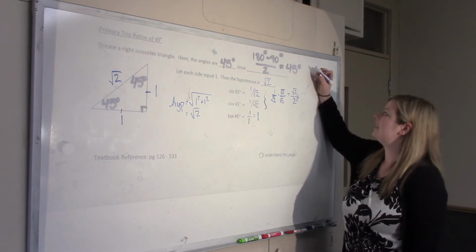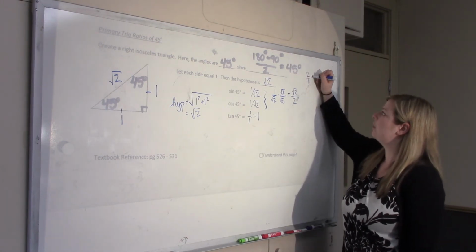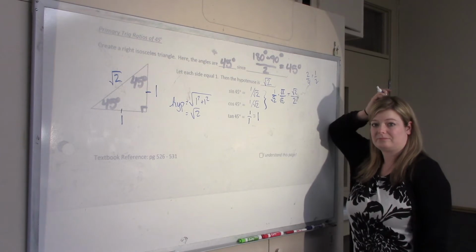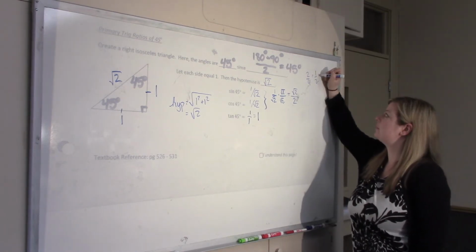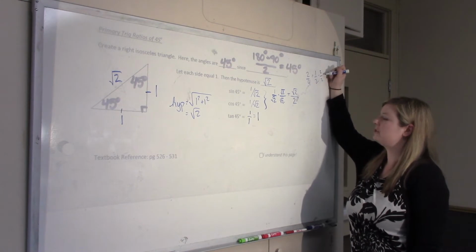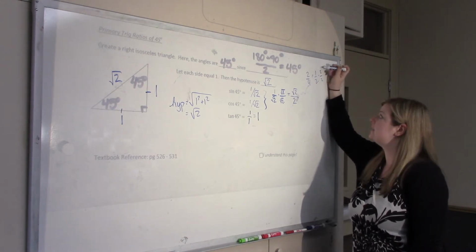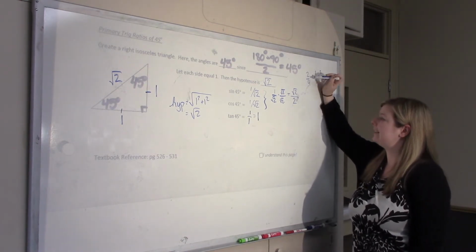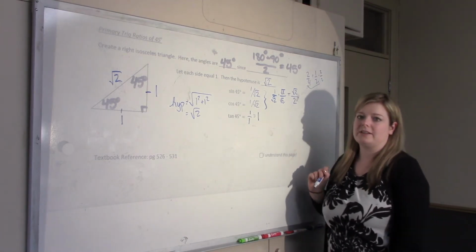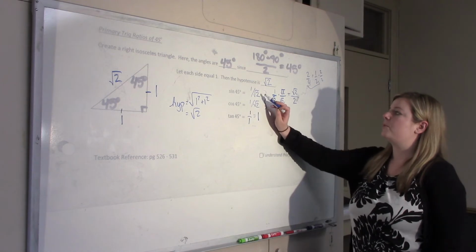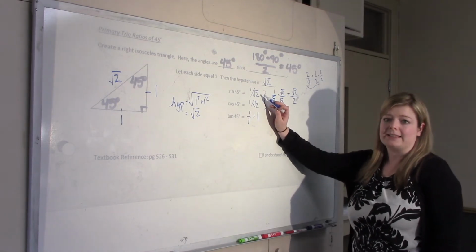It's just kind of like writing 2 over 4 for 1 over 2. To get from 1 over 2 to 2 over 4, you just multiply by 2 over 2, which isn't changing the value of it. It's just multiplying it by 1. So these mean the same thing, they just look slightly different. Same thing with this. So 1 over root 2, I will accept that as an answer.